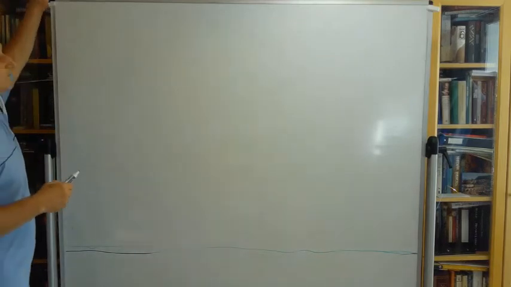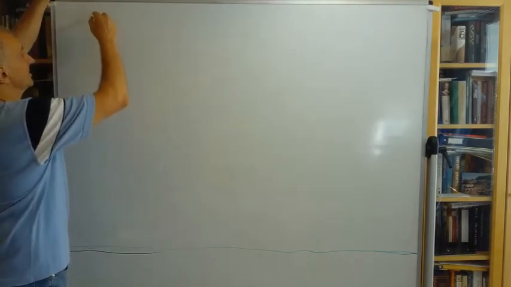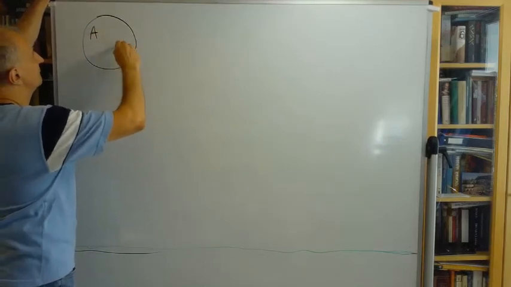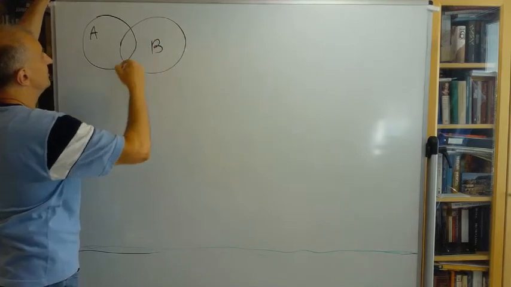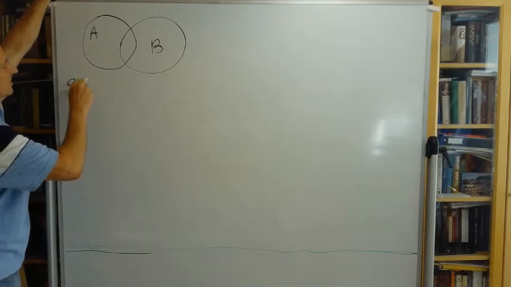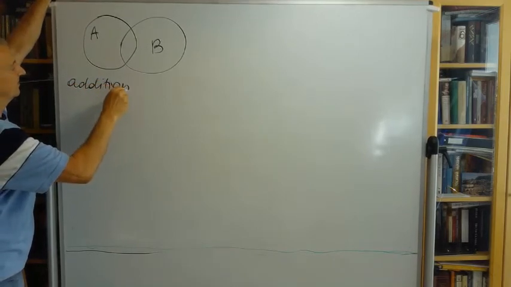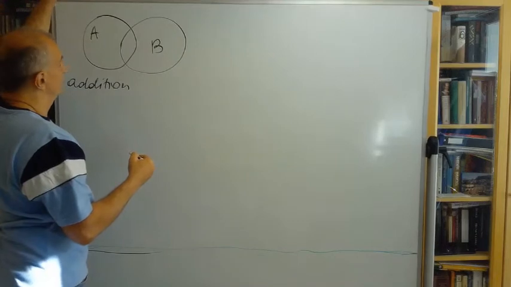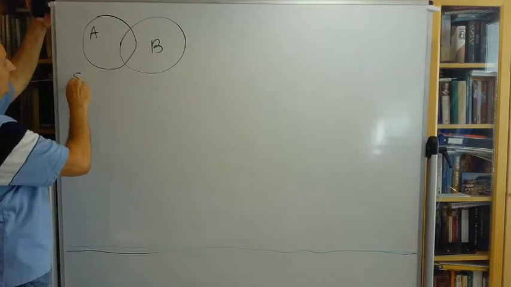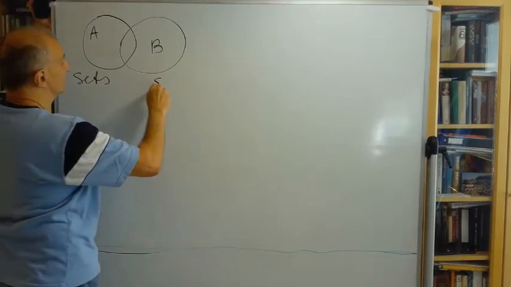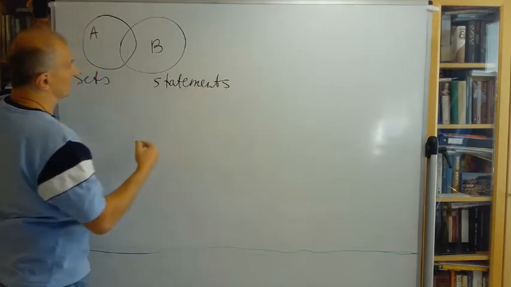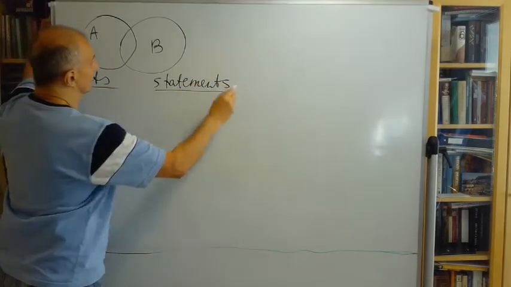What else do we have in the theory of sets? What operations do we do on sets? We can have set A and set B, and we have the operation of addition or union. I will write here on top sets, and here statements, and I will write all the analogies that we have for sets and for statements.